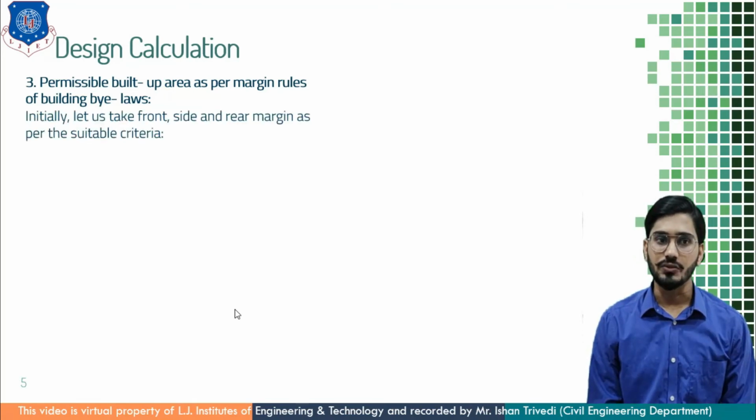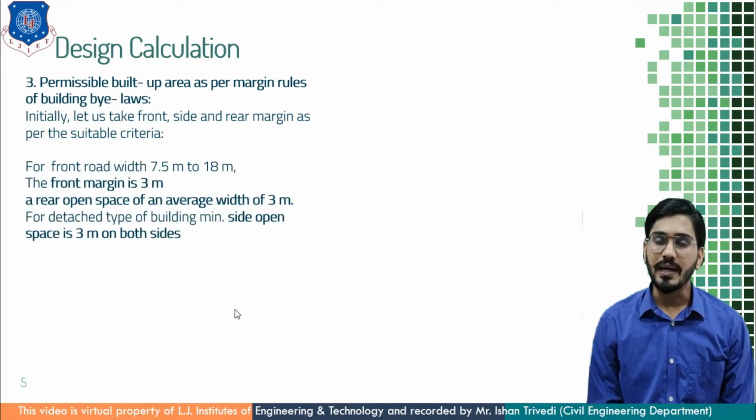Initially I take the front, rear and side margin as per suitable criteria. For front margin, if I am assuming that the fronting road is of 7.5 meter to 18 meter, then the front margin is 3 meter.